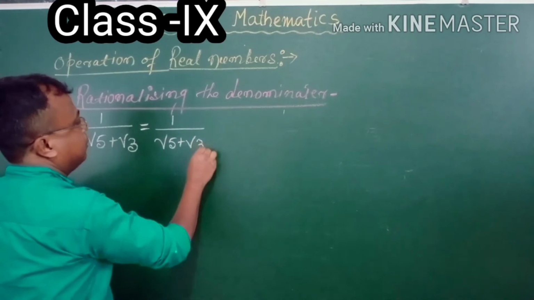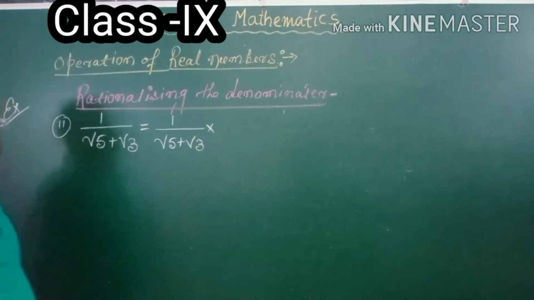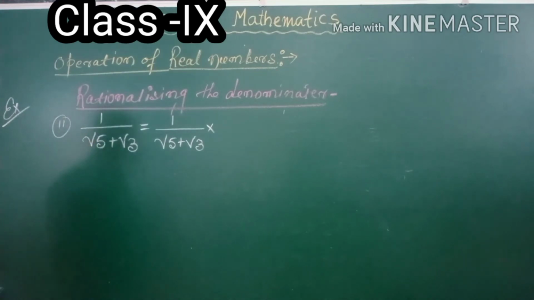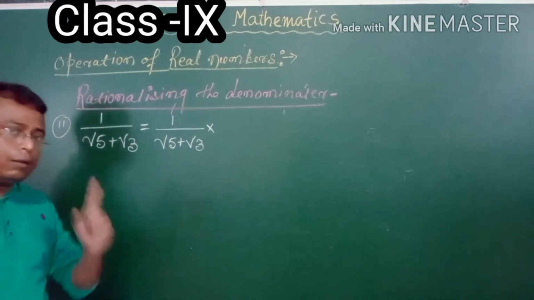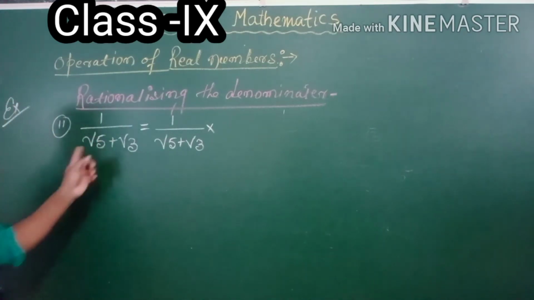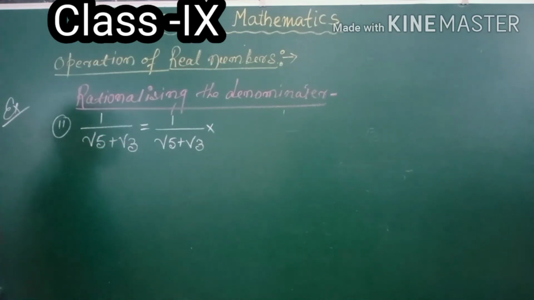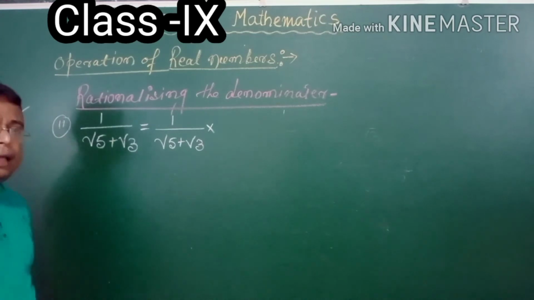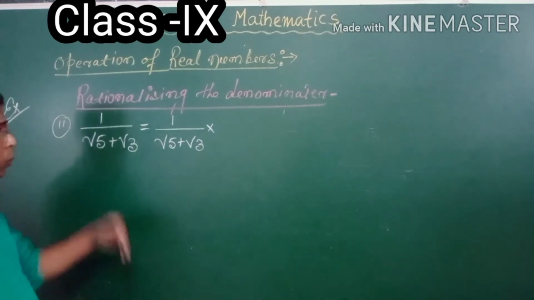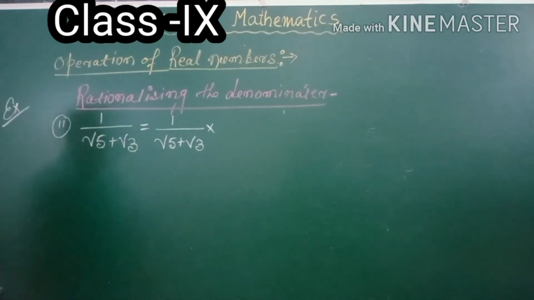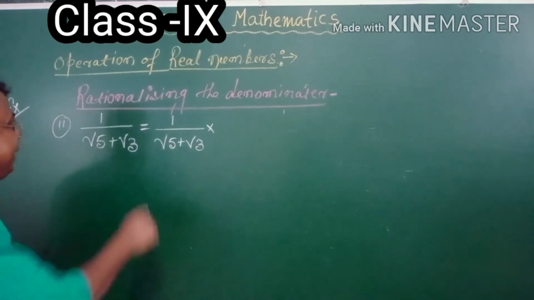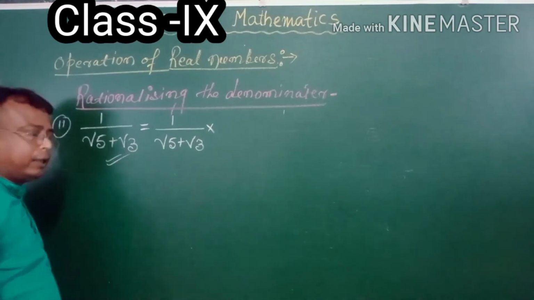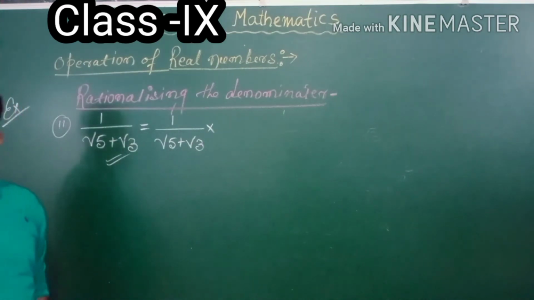Let us discuss. In the previous question, how many terms were in the denominator? Only one term. Here two terms are there, root 5 and root 3. This is an irrational number, you know. Now to rationalize the denominator, you have to multiply the numerator and denominator by the conjugate of the denominator. Conjugate. What is the meaning of conjugate?